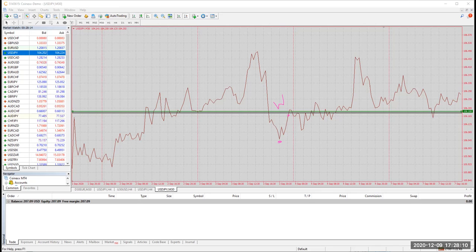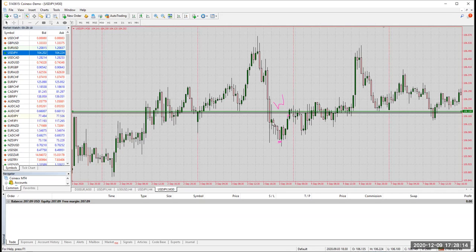So let's jump over and take a look at the candlesticks. And as we see, this is the end of the first leg, top, bottom of the first leg. So we don't want it to go any further than there.